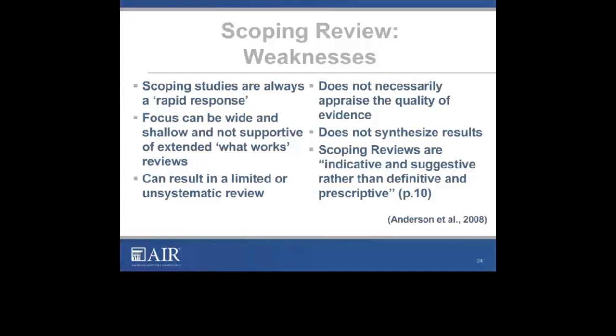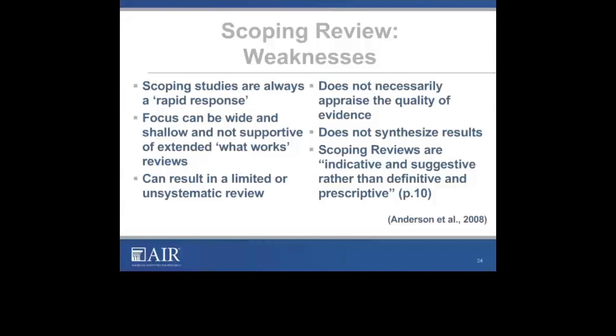The one thing that does seem to me to be an issue, and I'm going to talk more about this toward the end of the session here, is that scoping reviews don't typically appraise evidence quality, the methodological quality, if you please, of the study.